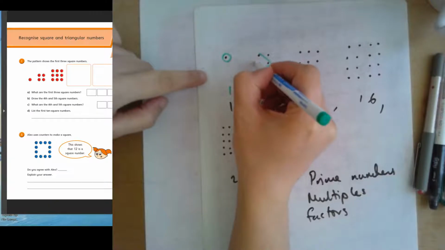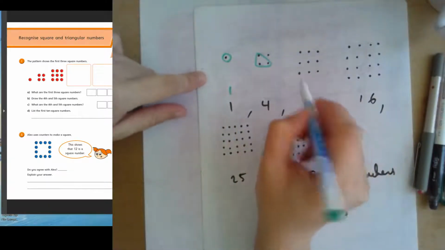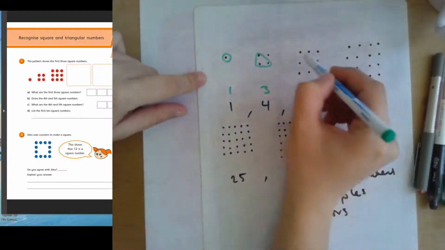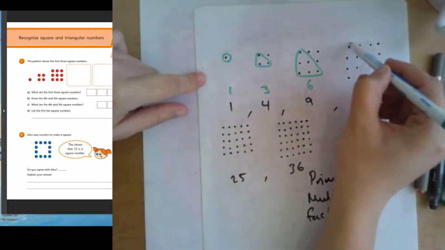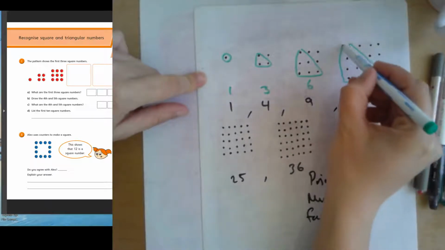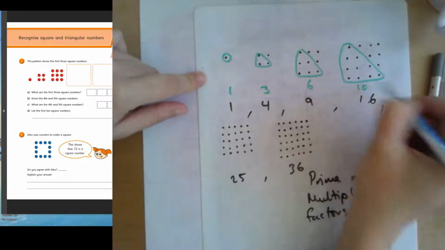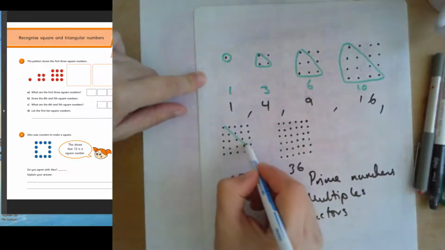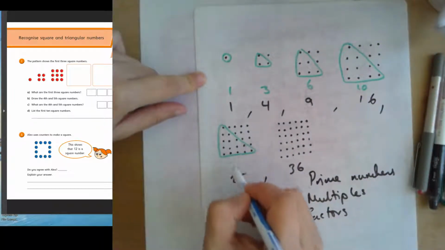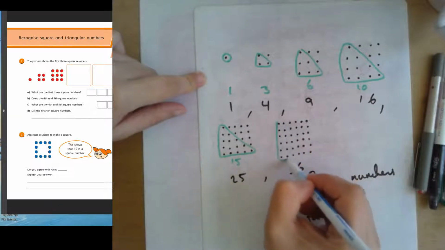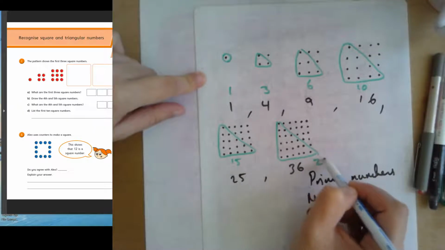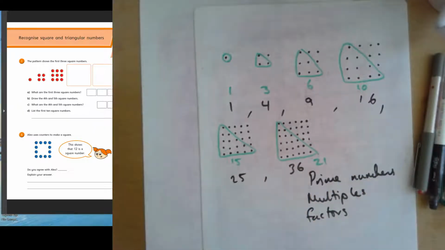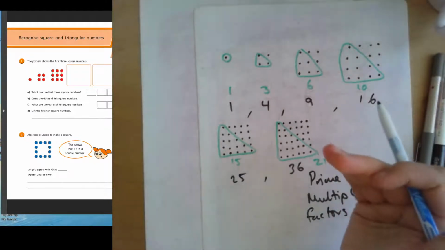And then if I split it down the middle, how many dots do I have now? 3. Then 6, 10, 15, 21.